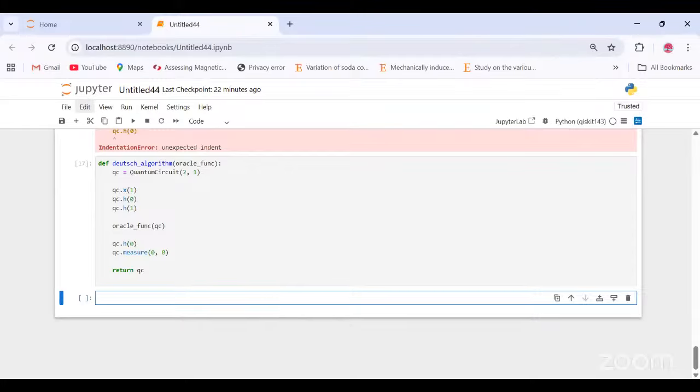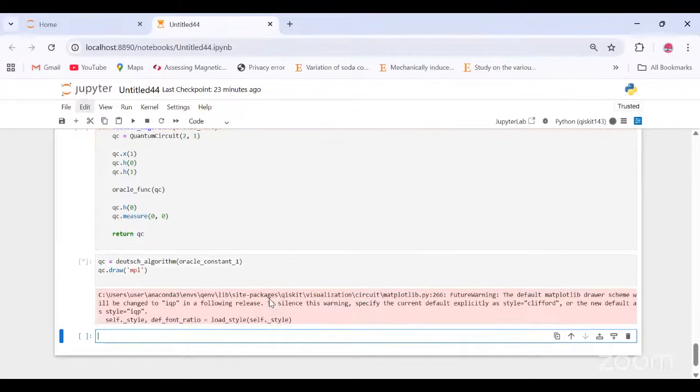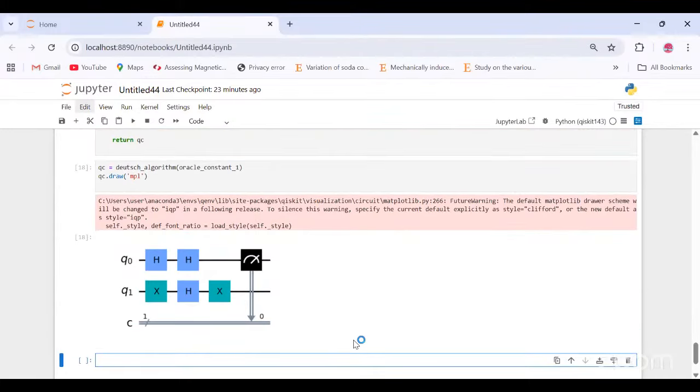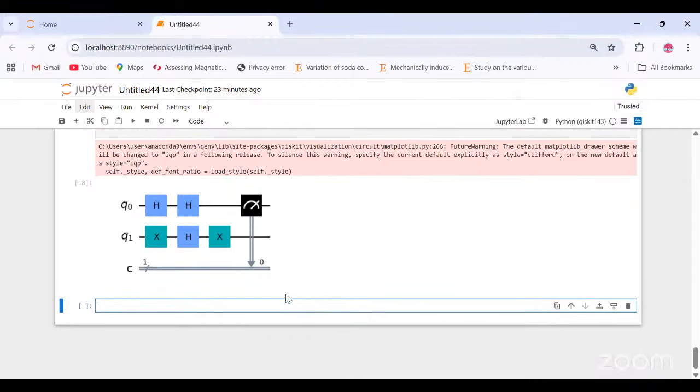Yeah, it runs. Yes. So here is the algorithm that runs. Now we have to measure.